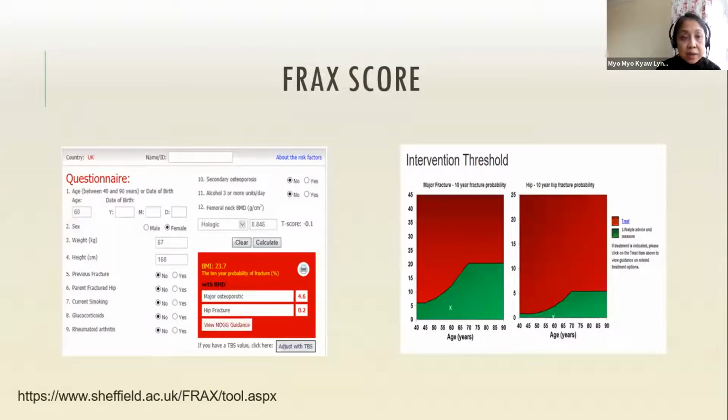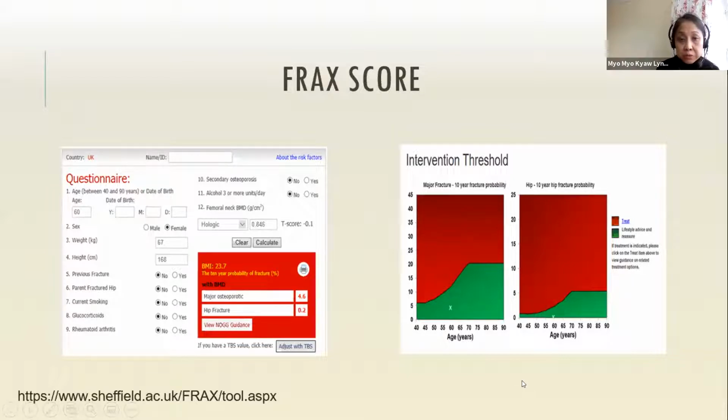And this is a FRAX score from Sheffield. I'm sure you all know that we have to fill in the figures, and we get the numbers, and it comes up as whether it's a low threshold, treat or non-treat. But if you look at our BHRUT osteoporosis result, you will see three colors here. The one is the red color, which means you definitely need to treat it.